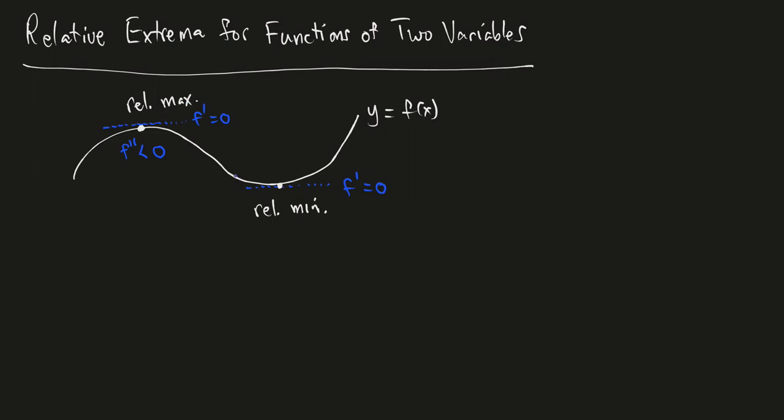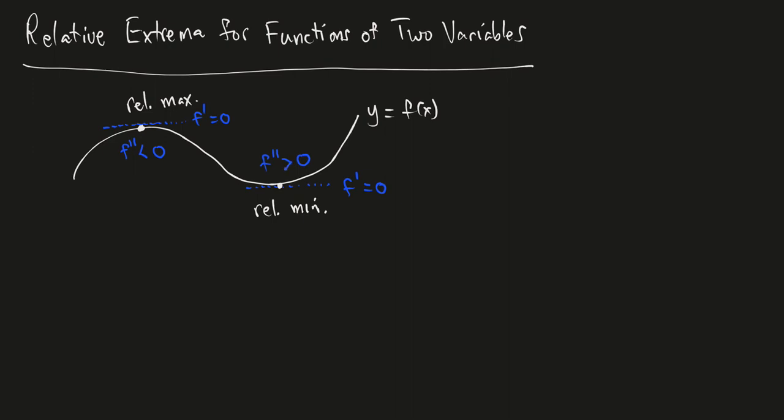And similarly, using the concept of concavity, if your function is concave up on an interval, and somewhere in that interval the first derivative is equal to 0, now for it to be concave up, the second derivative has to be greater than 0.